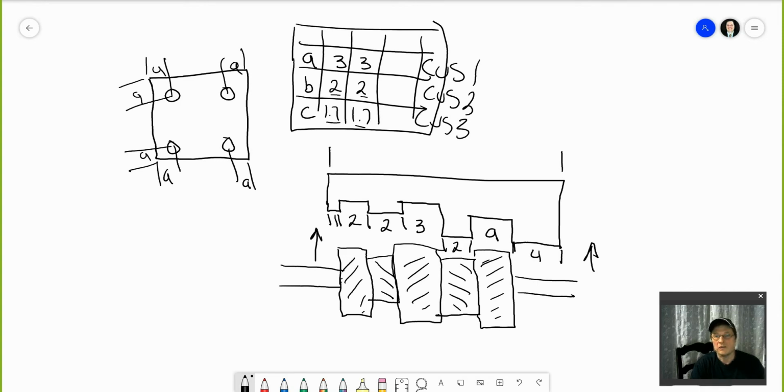So 1, 2, 3, 4, 5, 6, 7, 8, 9, 10, 14. So the overall length of this part is always going to be 14 plus A. What that means is the overall length of this part can fluctuate. It won't always be the same overall length.